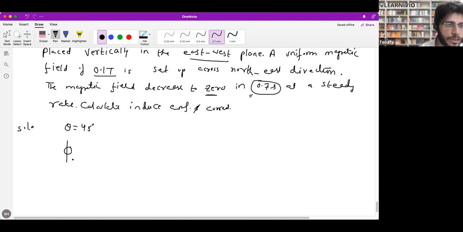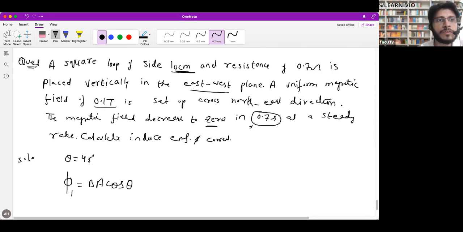First, let's calculate flux. Initial flux is B A cos theta. So a square loop of side 10 centimeter and resistance 0.7 ohm is placed vertically in the east-west plane. A uniform magnetic field is set up across northeast direction.